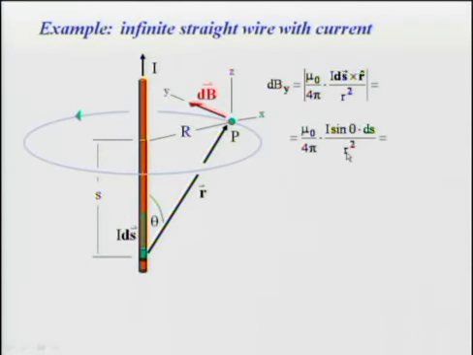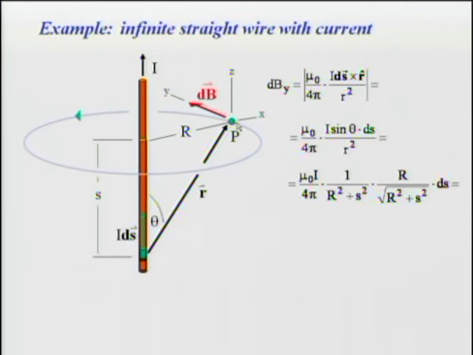So this r squared is the square of the distance from the segment to the point. How is it related to the position of the segment? I've said already that it's a right triangle here.